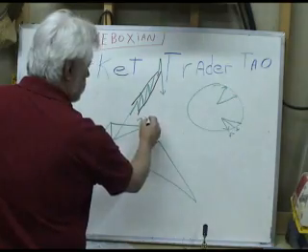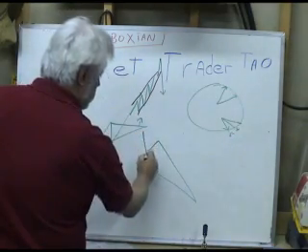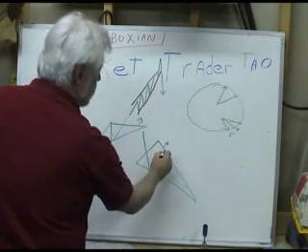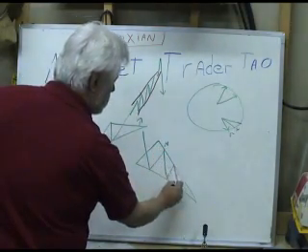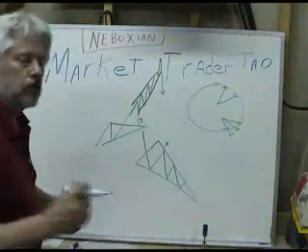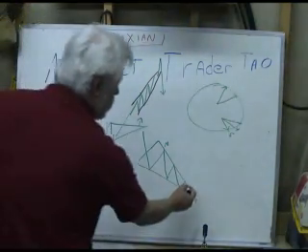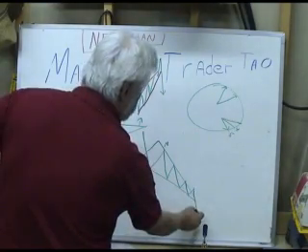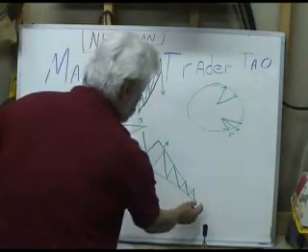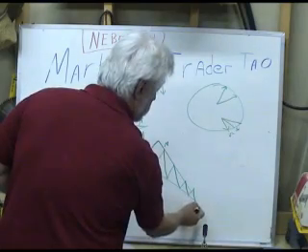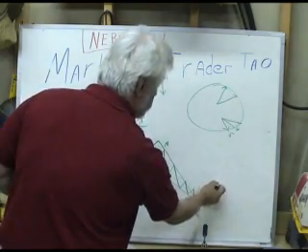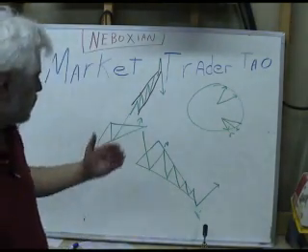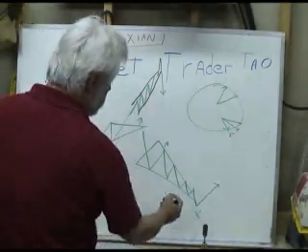You'll have your down, and you'll have a correction, which will be your A, B, C, D, E. Sometimes you'll get an F and a G on these before you see them continue, or actually they'll overshoot and then they'll reverse on you. And that's usually what you're going to find on these types of triangles.